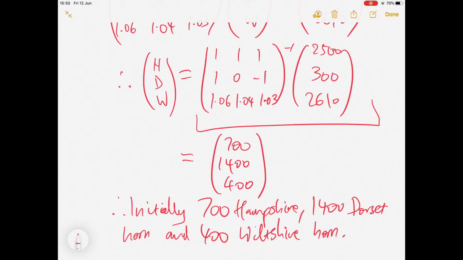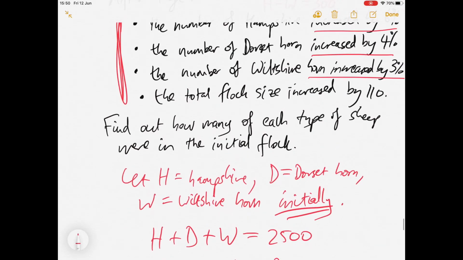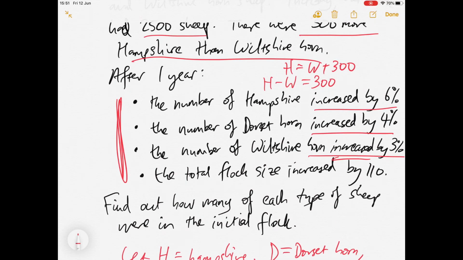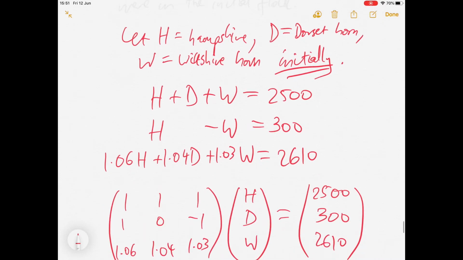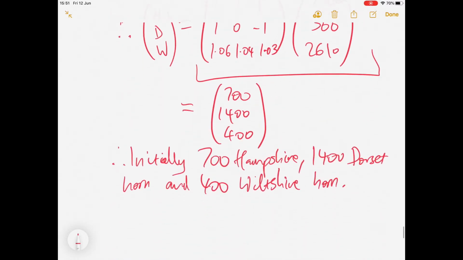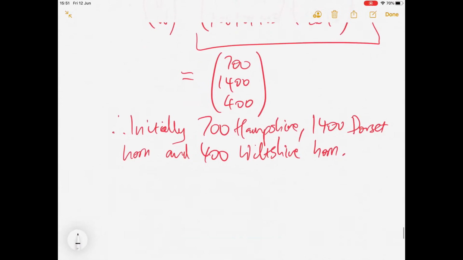And that's the answer. Note that if one of these things had decreased rather than increased, for example, if Wiltshire Horn decreased by 3%, instead of 1.03, we would use 0.97. Okay, so that's a standard method you need to be familiar with.